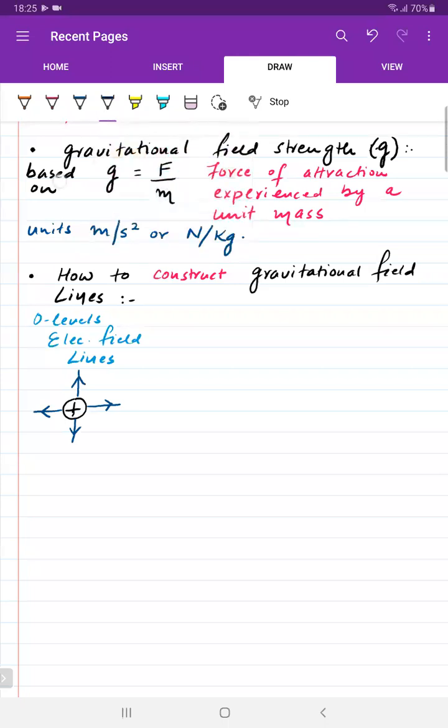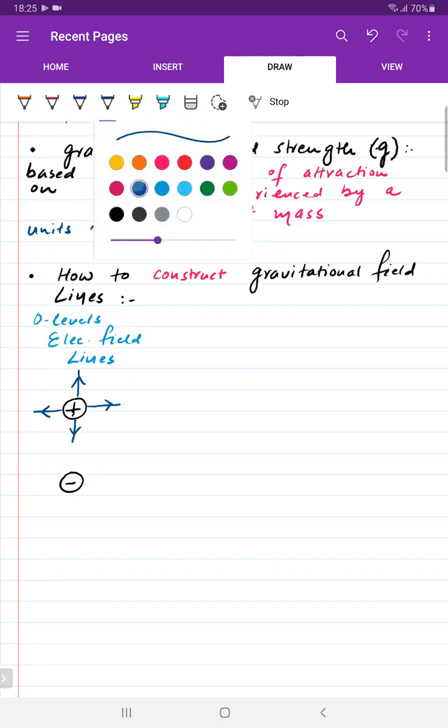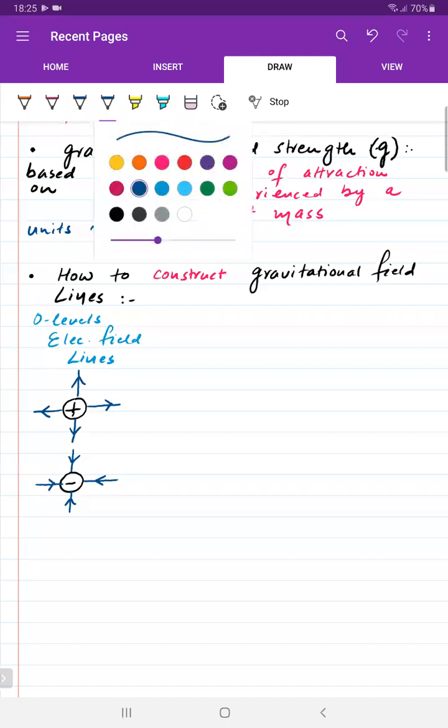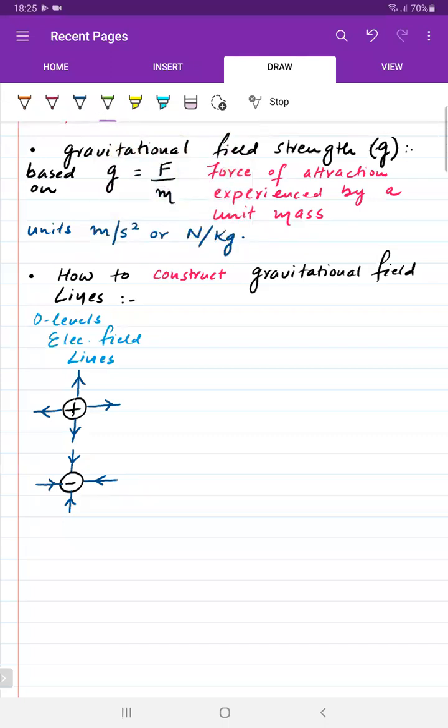And for a negative charge, the electric field lines were shown to be pointing radially inwards. So just like the way we used to construct electric field lines, बिल्कुल same idea use करके if you are asked, we can construct gravitational field lines.